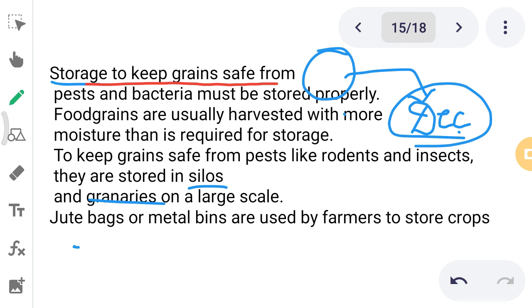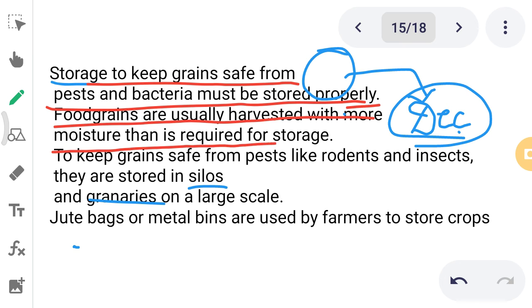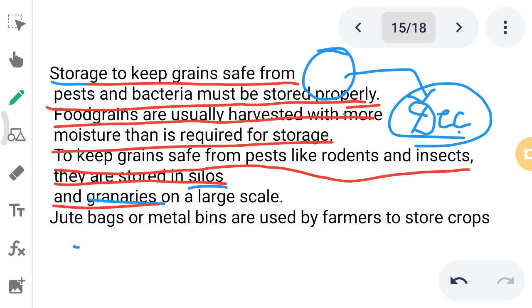Storage: to keep grains safe from pests and bacteria, they must be stored properly. Food grains are usually harvested with more moisture than required for storage. To keep grains safe from pests like rodents and insects, they are stored in silos and granaries.